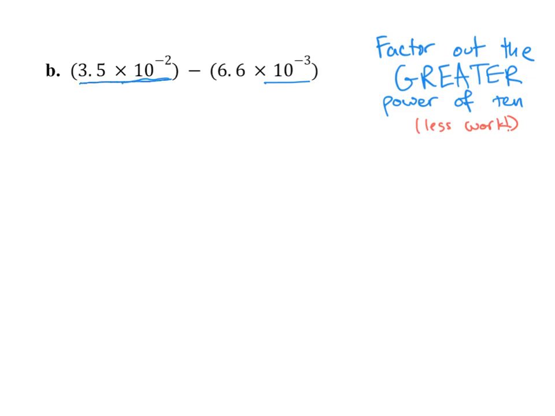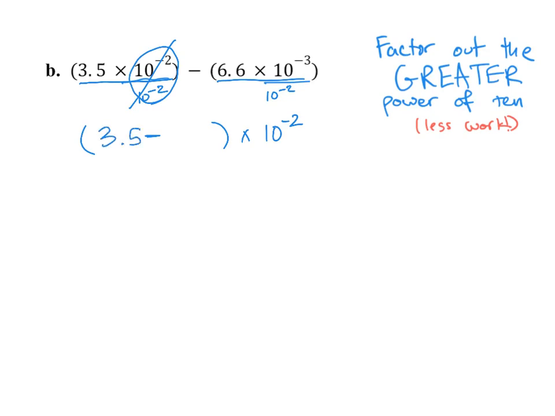So in essence, each term is going to be divided by 10 to the negative second, and that's going to allow us to turn our statement into this factored form. On the left, 3.5 times 10 to the negative second, when we divide this out, that just becomes 1, so we're left with 3.5.